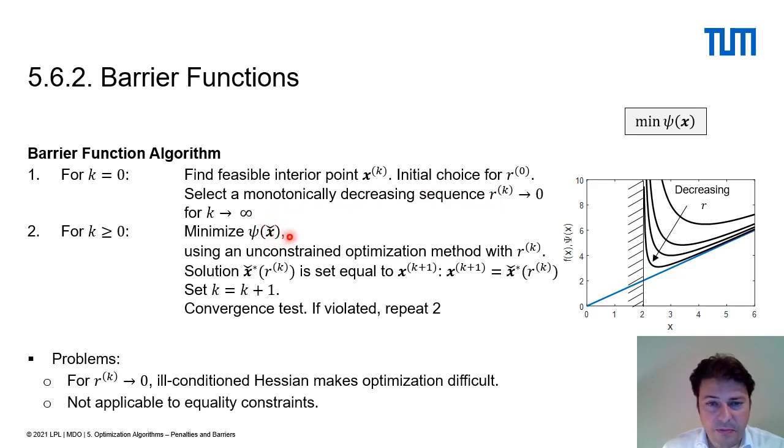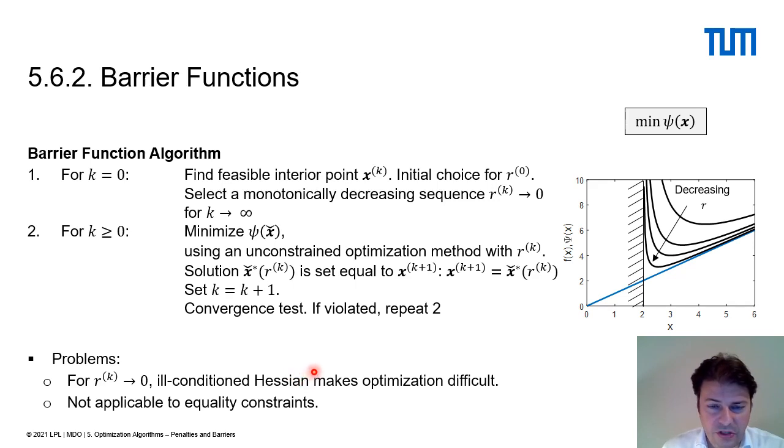Then you minimize c of x by applying an optimization algorithm for an unconstrained problem. And you take this solution as an iteration result and use that as the initial value for the next step when you change your r. At the end of each iteration, you check whether you converged, and if not, you repeat, and if you did, of course, you abort.